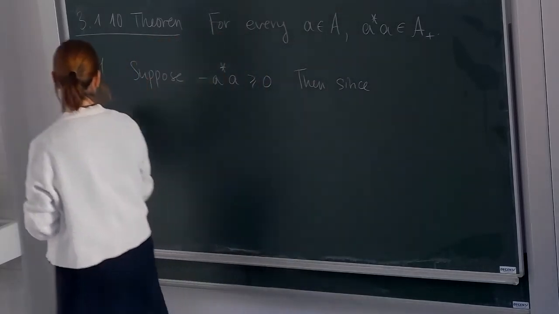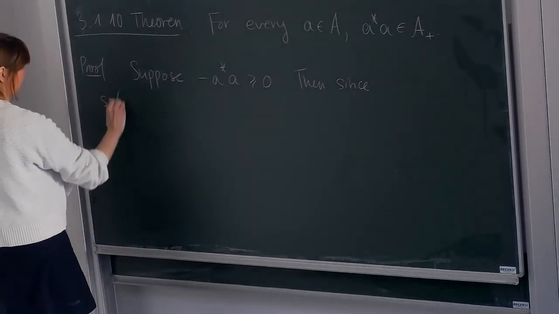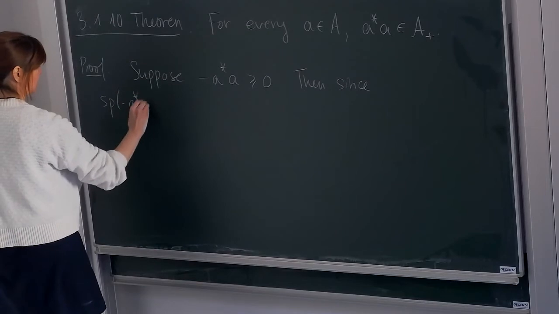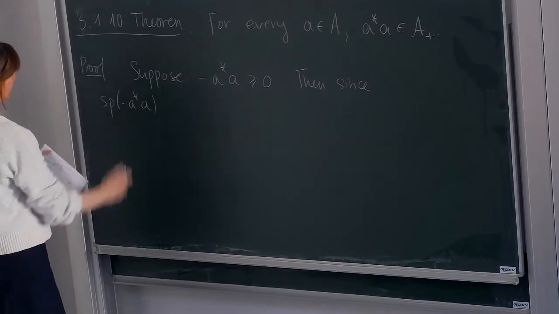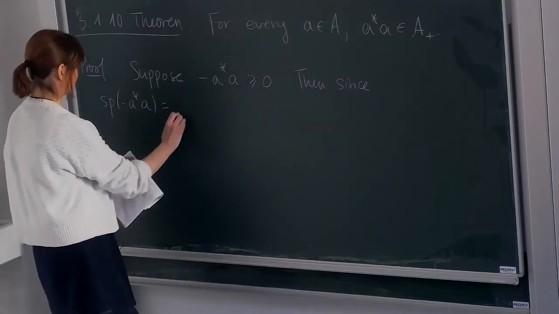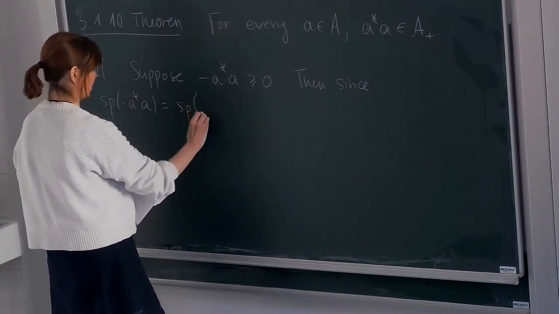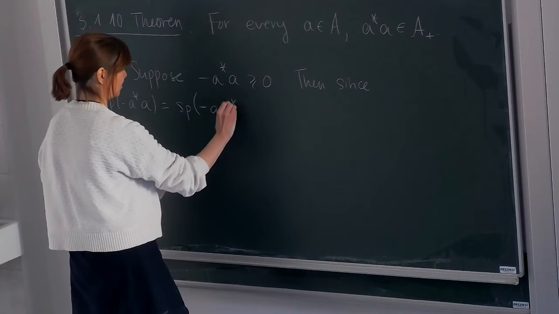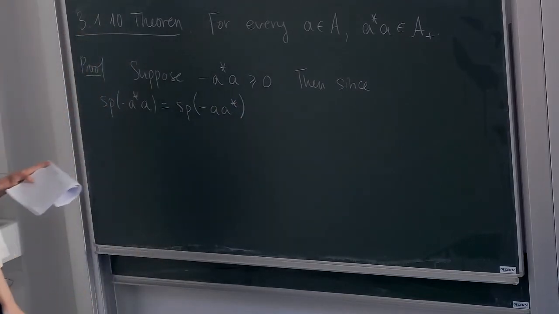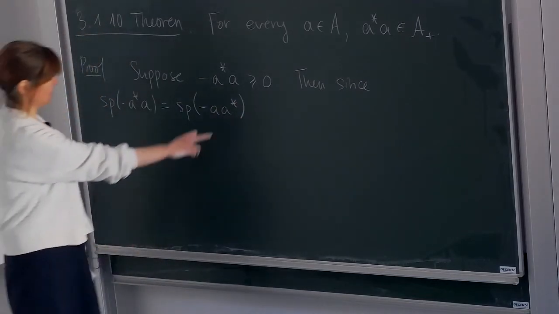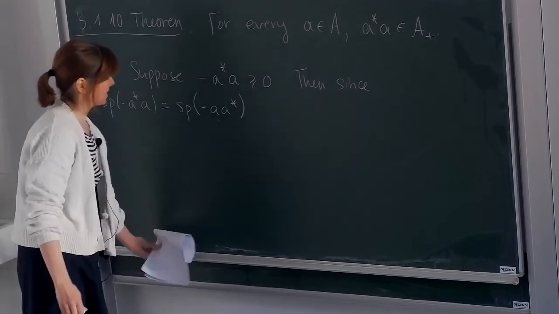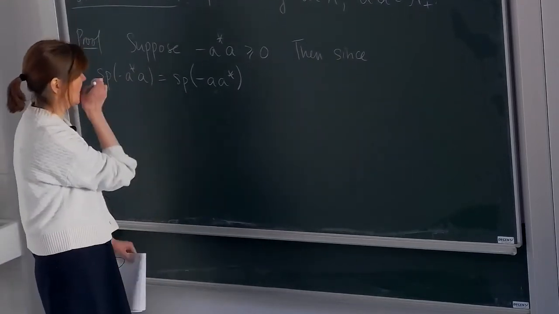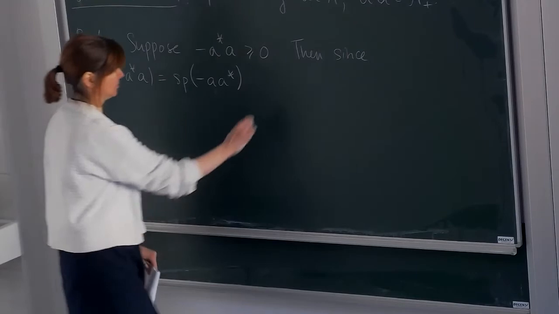Then recall from perhaps the first lecture that we know that we can swap these two elements and get that the spectrum of minus A star A is the same as minus A A star. And again, this is clearly self-adjoint. And if this guy is positive, then so is this guy.